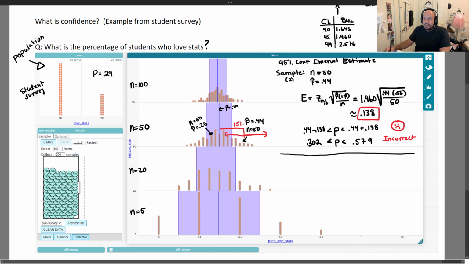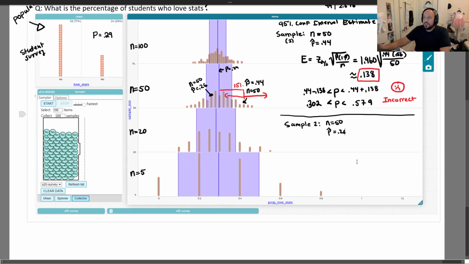It's about 3 percentage points from the true value. And I'm going to do the exact same thing I did before. Okay, so let's suppose that I had my sample 2 here, which had n equals 50 and p hat equals 0.26. This value is definitely closer to the real value, though in practice we wouldn't really know that.